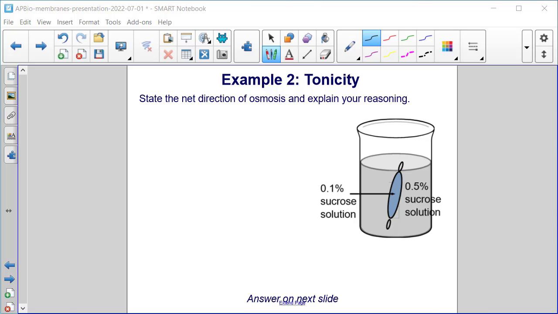Example 2, tonicity. State the net direction of osmosis and explain your reasoning. So in this case, we have the dialysis bag with 0.1% sucrose solution, and outside in the beaker, a higher 0.5% sucrose solution.